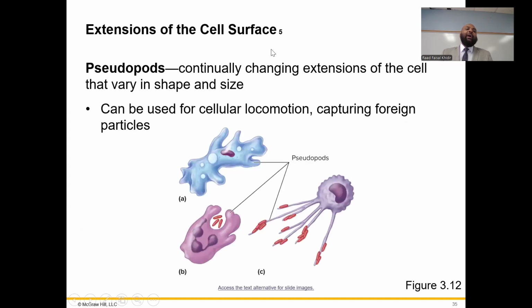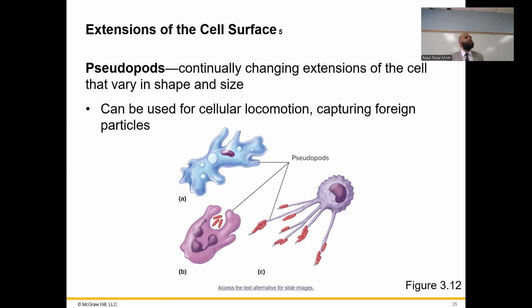Okay. Then we have pseudopods. Pseudopods are different. Pseudopods are continually changing extensions of the cell that vary in shape and size, and they can be used for cellular locomotion and capturing foreign particles. That movement, we see it a lot.